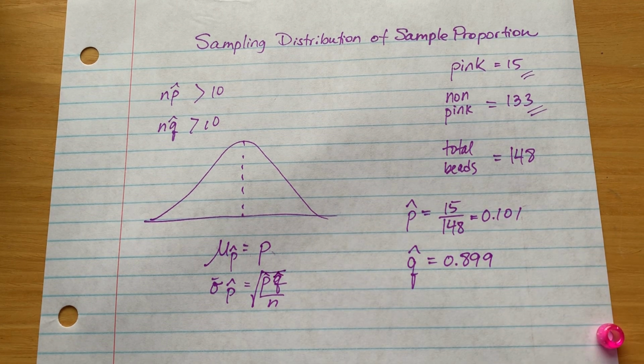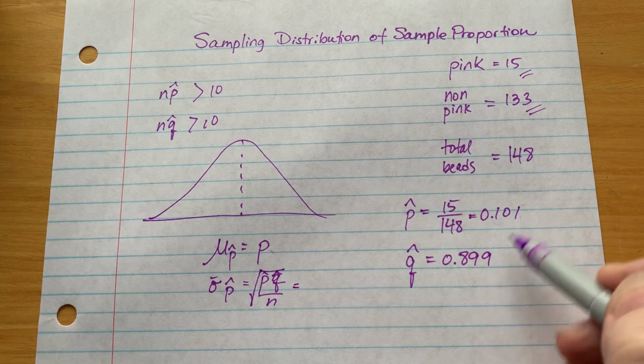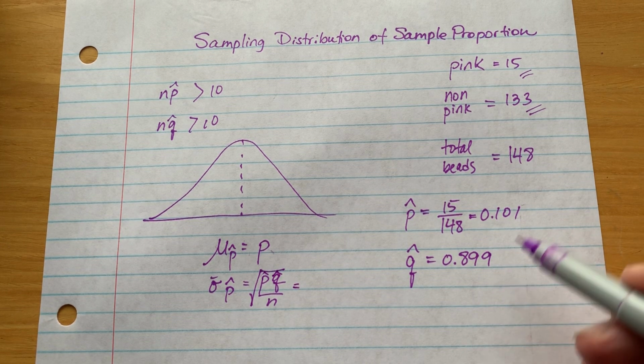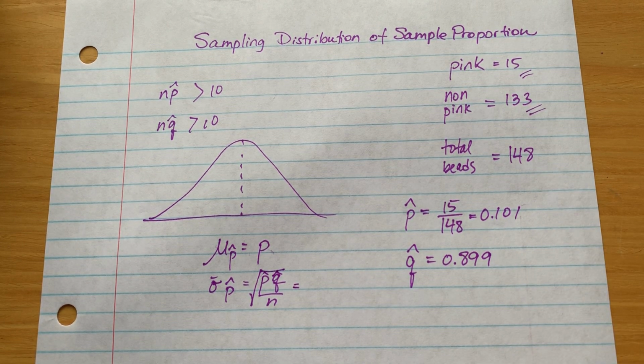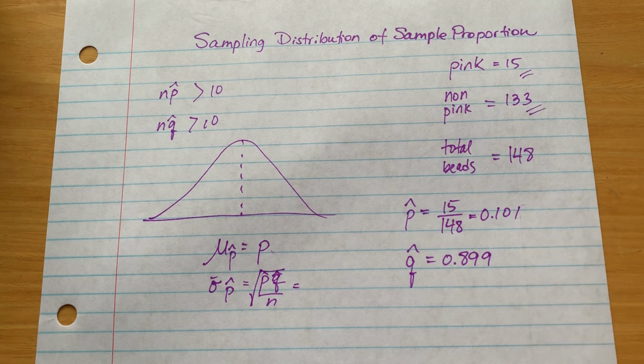So what would be the standard deviation? I am just going to take these and divide them by 148. It would be nicer if I had 150 beads, but I just took a random sample of beads, and this is what I got, and one got away.